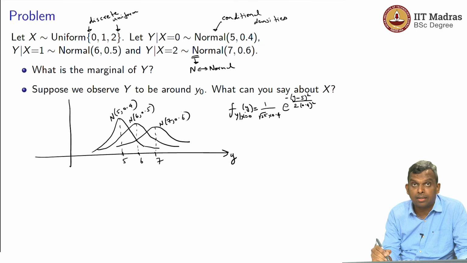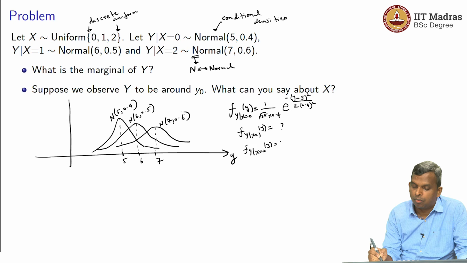So this is y given x equals 0. Likewise, you can also write y given x equals 1 and y given x equals 2. I'll leave it as an exercise for you. It's easy. Instead of 5, you put 6 here, and instead of 0.4, you put 0.5 for x equals 1. Likewise, for x equals 2, instead of 5, you put 7, and instead of 0.4, you put 0.6.